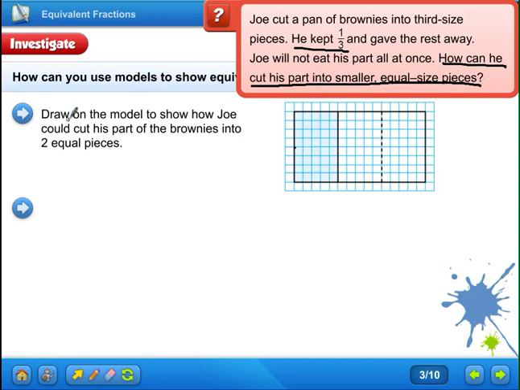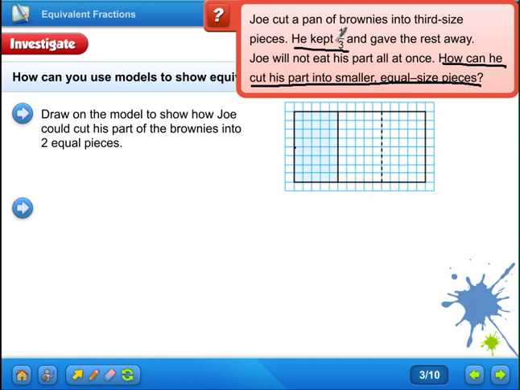So right here, the first part says, draw on the model to show how Joe could cut his part of the brownies into 2 equal pieces. Okay, well here's the whole pan of brownies right here. Let's look at this first.